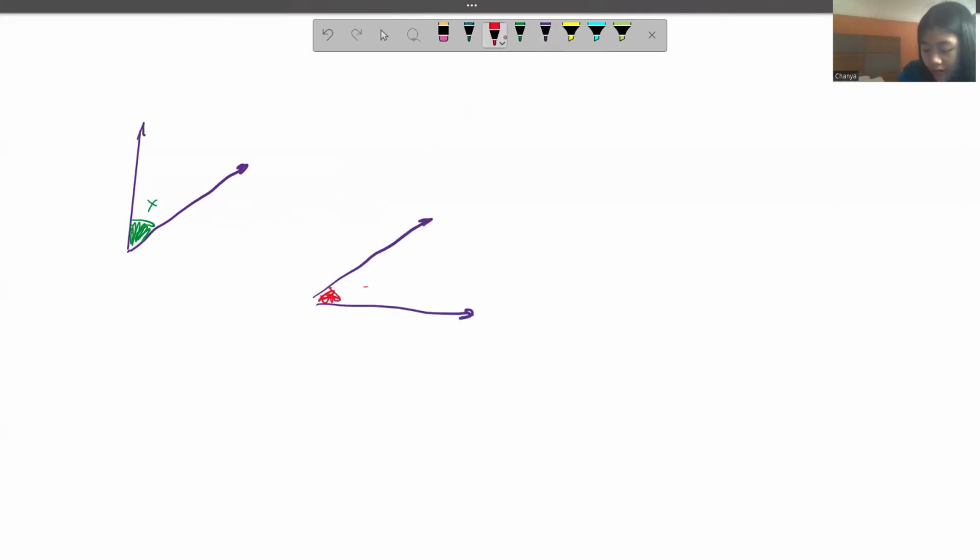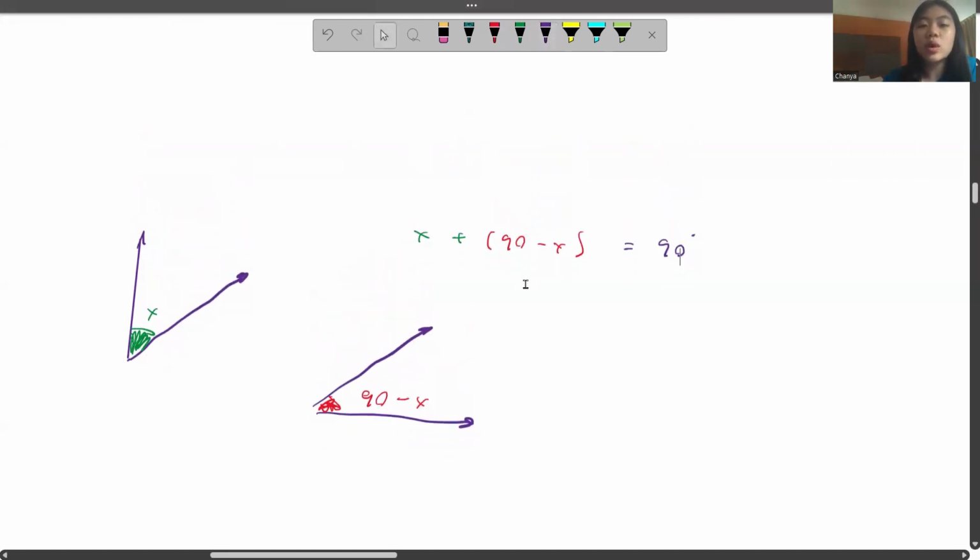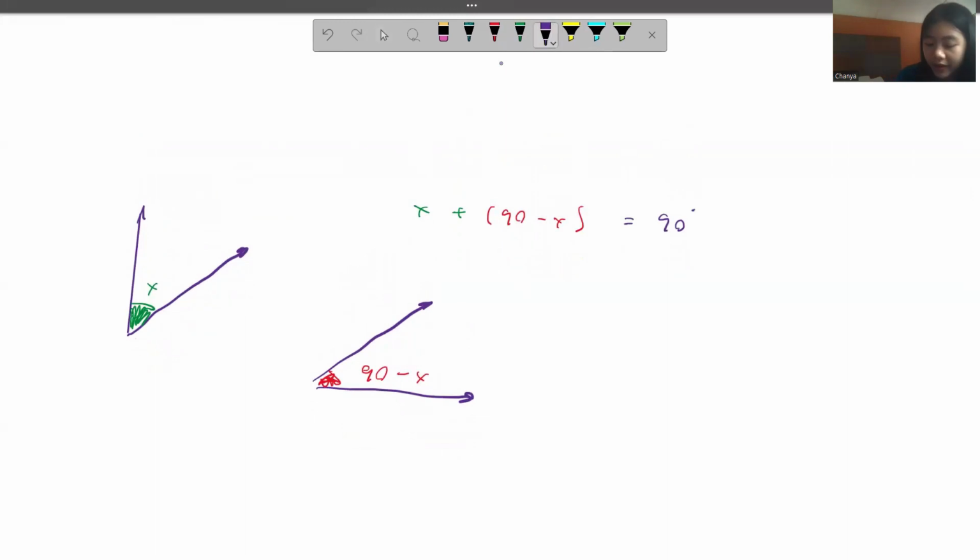Let's call the measure of this angle 90 minus x. So these two angles are complementary because when you sum the measures of x plus 90 minus x, you get 90 degrees, right? You get 90 degrees. So that is what complementary angles are. Let me write that. Complementary.